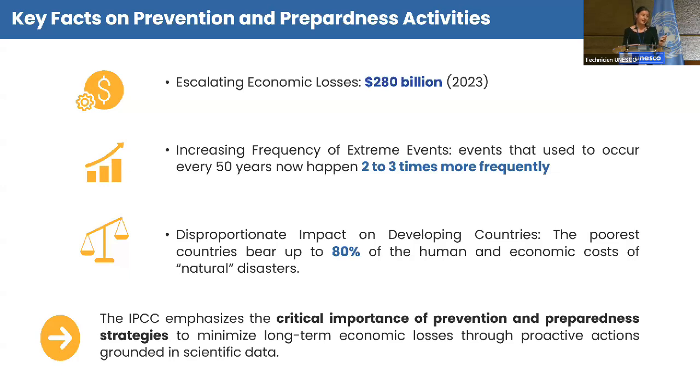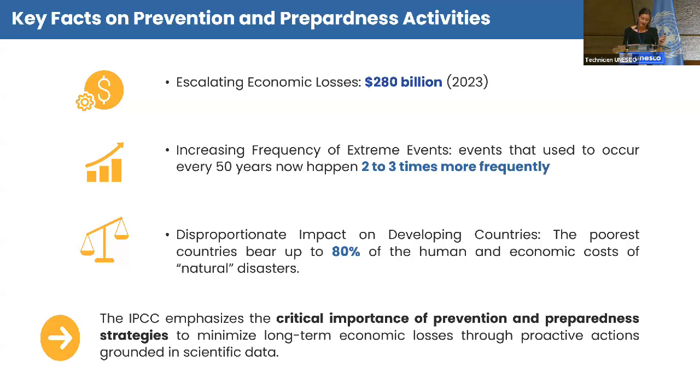This is the reason that the IPCC, UNDRR, UNESCO, and other international organizations stress that effective prevention and preparedness approaches informed by scientific data are absolutely essential for minimizing long-term economic losses from natural hazards.